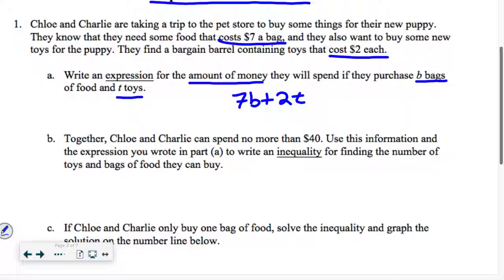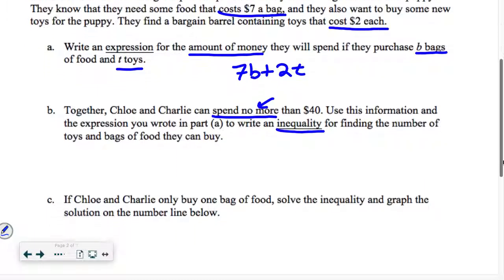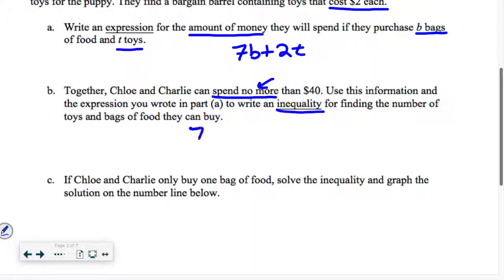Together, Chloe and Charlie can spend no more than $40. Use this information and the expression you wrote in part A to write an inequality for finding the number of toys and bags of food they can buy. So to represent this as an inequality, we are going to focus on this phrase, spend no more than $40, right here. This is the important part. So 7B plus 2T represents the amount of money we can spend.